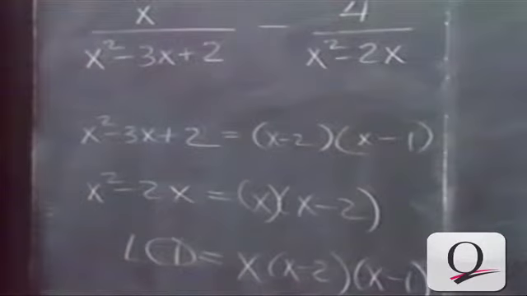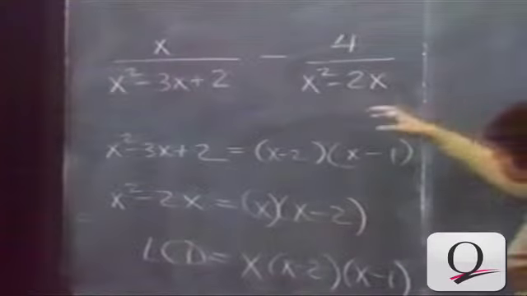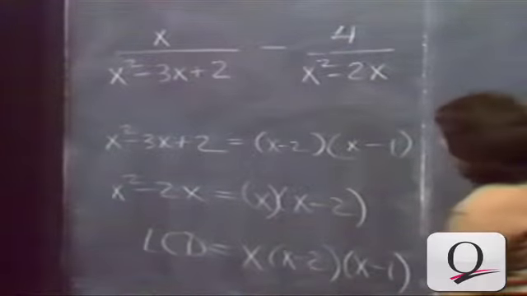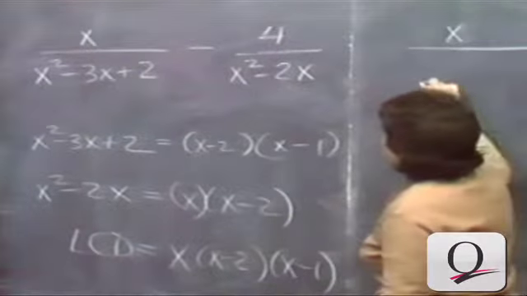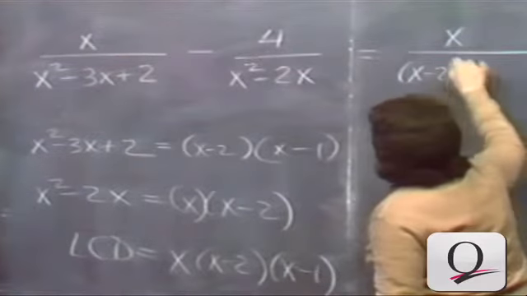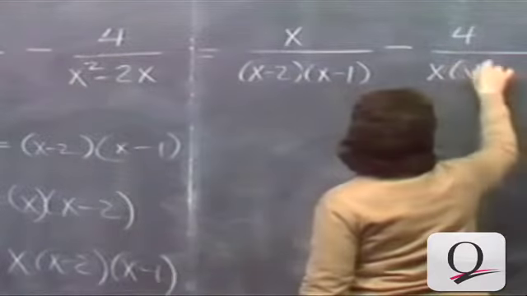Okay, now that we have it factored and we have the LCD, let us combine these fractions over the lowest common denominator. We'll rewrite the problem with the denominators factored. This is x over x minus 2 times x minus 1, minus 4 over x times x minus 2.